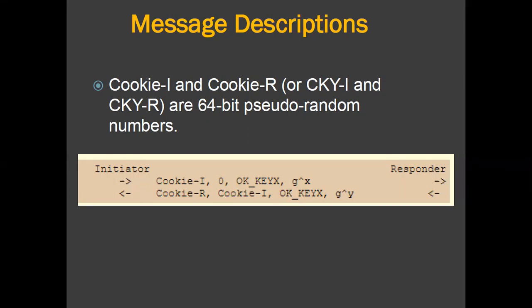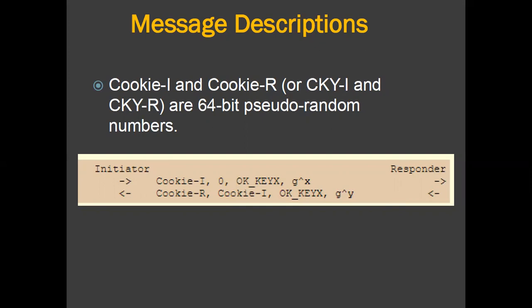So the notation describes a two message sequence. The initiator begins by sending a message with four fields to the responder. See this first message, which is going from initiator to responder. The first field has the unspecified value, that is cookie I, which is the cookie of the initiator, which is nothing but some random number.